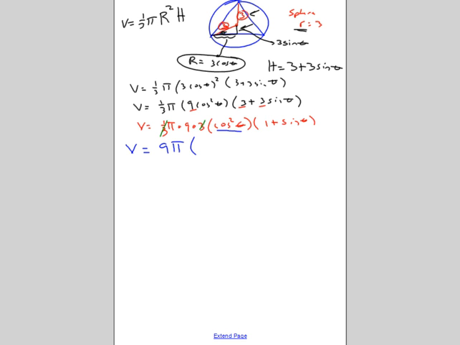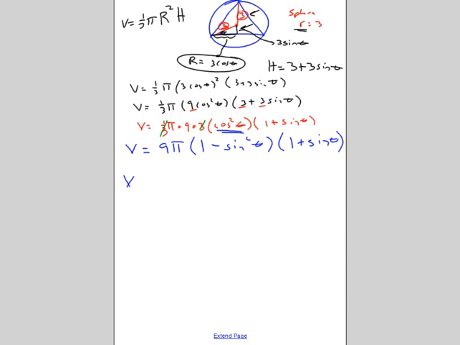And what I'm going to do is change cosine into sine so that we have everything in terms of sine. So this is 1 minus sine squared theta using the trig identity sine squared plus cosine squared equals 1. So 1 plus sine theta.